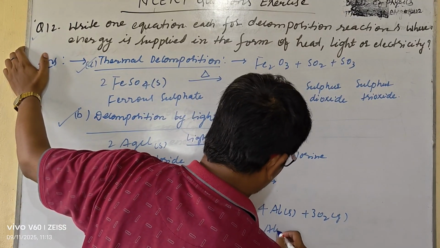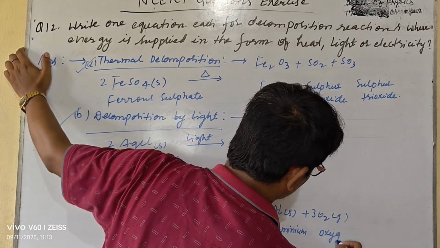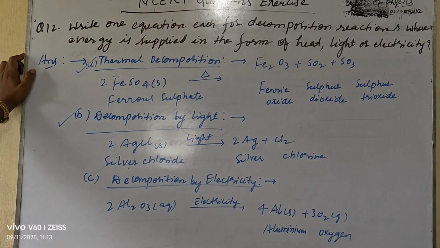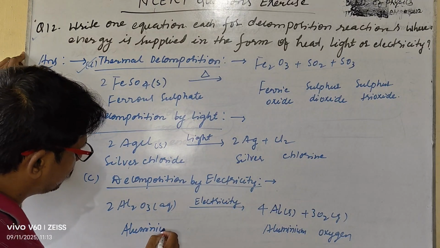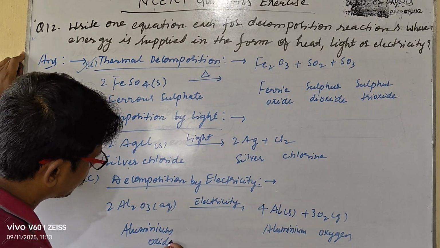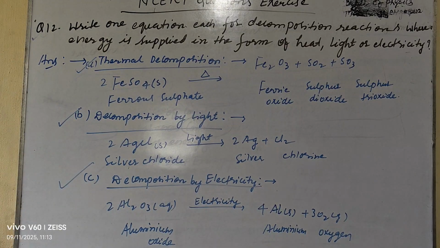This is aluminum and this is oxygen, and Al2O3 is aluminum oxide. So this is all about decomposition by electricity. When we pass electricity, aluminum oxide gives aluminum and oxygen. When light acts on silver chloride, it gives silver and chlorine. And when we heat ferrous sulfate, it gives ferric oxide, sulfur dioxide and sulfur trioxide.